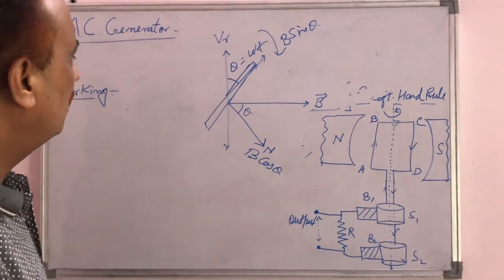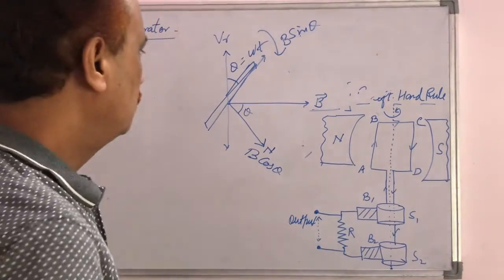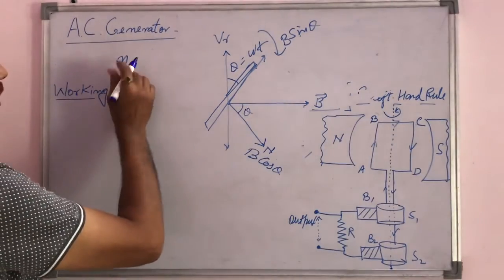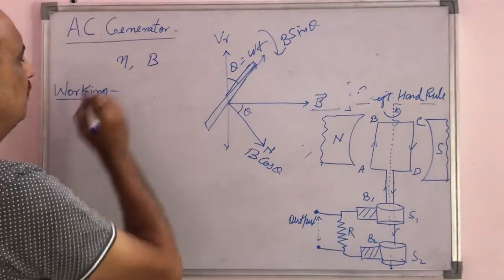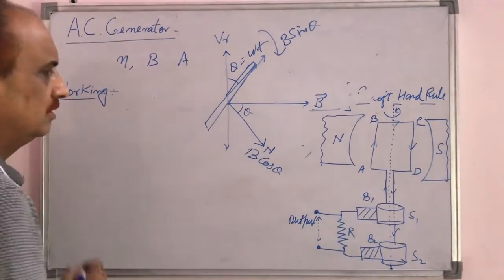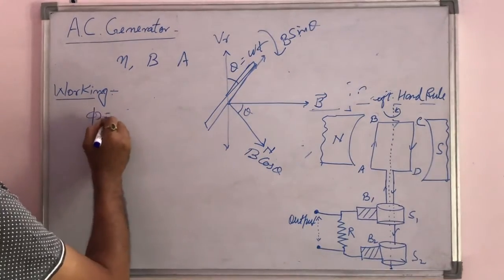Then after that we have to find out how much magnetic flux is produced. The coil has N number of turns and is placed in a strong magnetic field B, and the area of the coil is A. How much magnetic flux is linked in the coil?